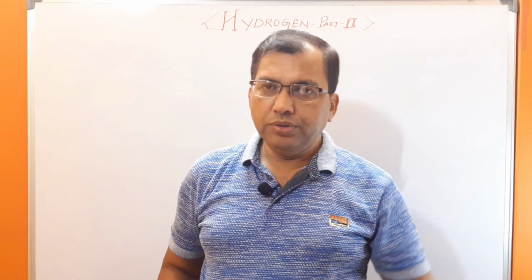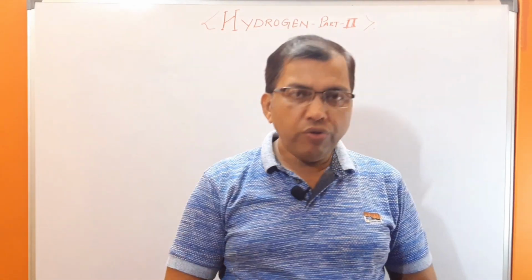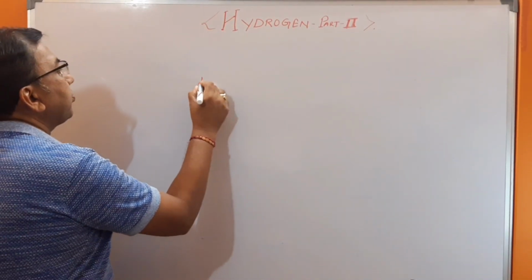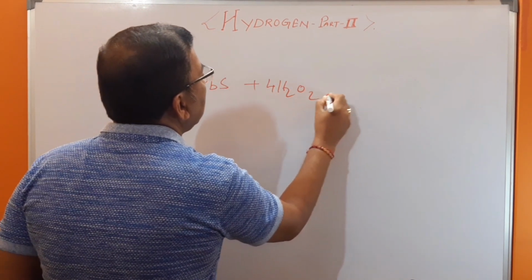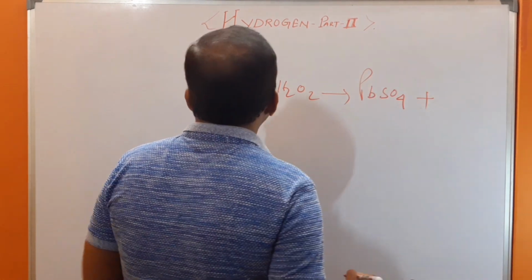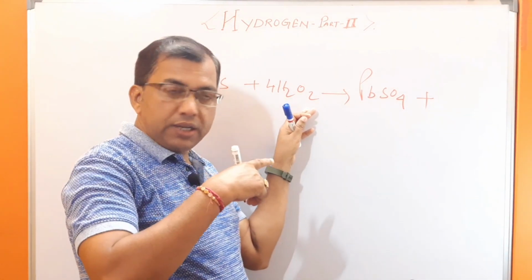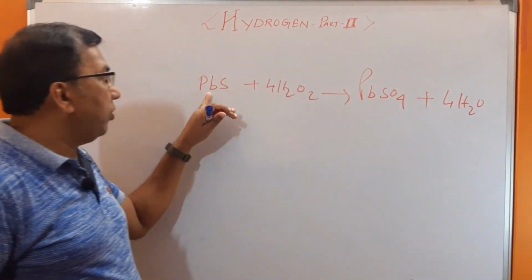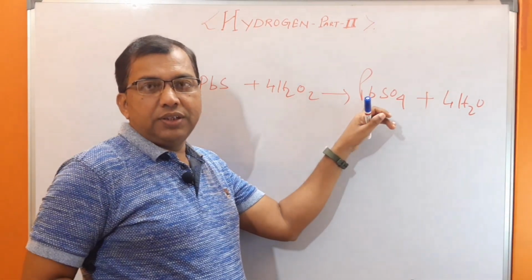The examples are in the book, not required to give here. The oxidation of PbS to PbSO4. See here: PbS plus 4H2O2 forms PbSO4 plus 4H2O. Find the oxidation numbers here.